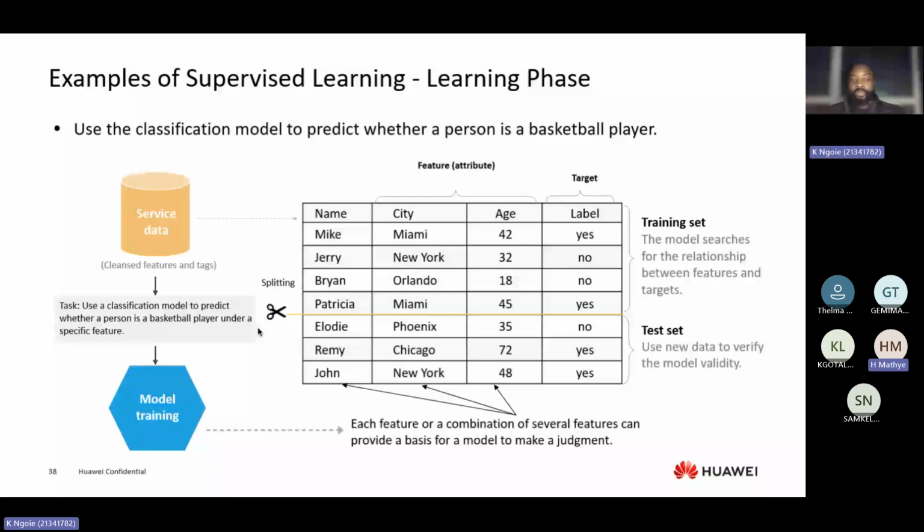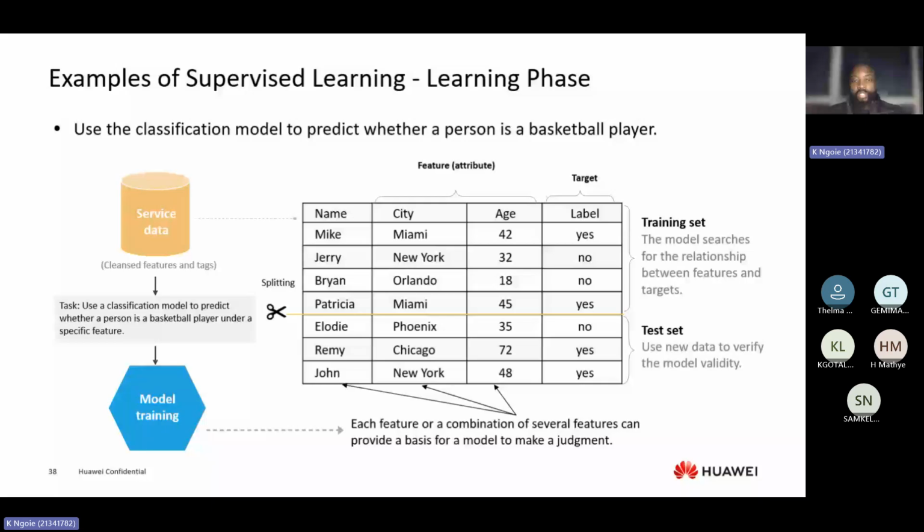Okay. So here we're going to use this classification model to predict whether a person is a basketball player under specific features. And what are the features? Can anybody tell us which features we're going to use here to predict if the person is a basketball player? What are the features? So they're using the name, city, and age.